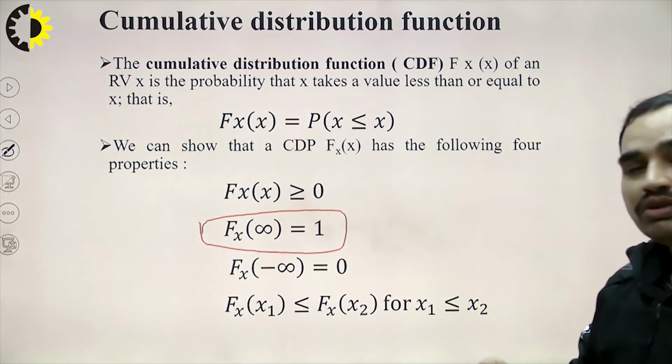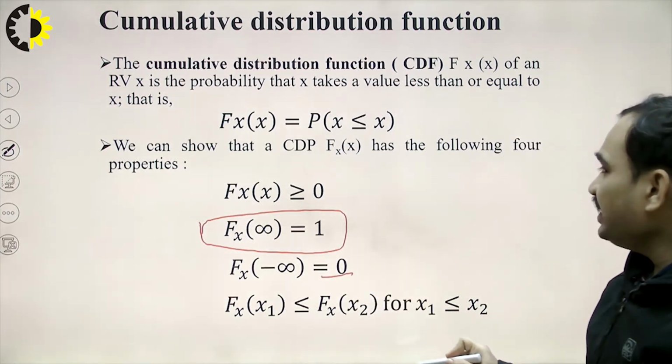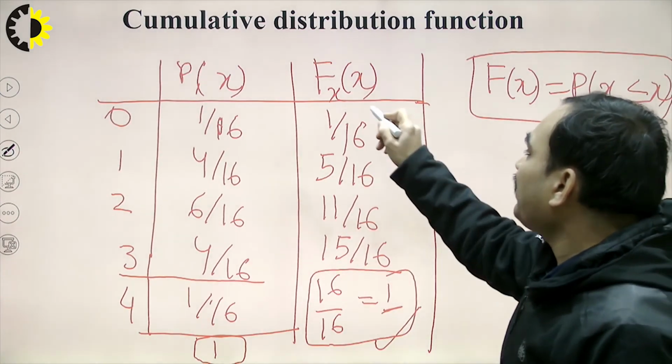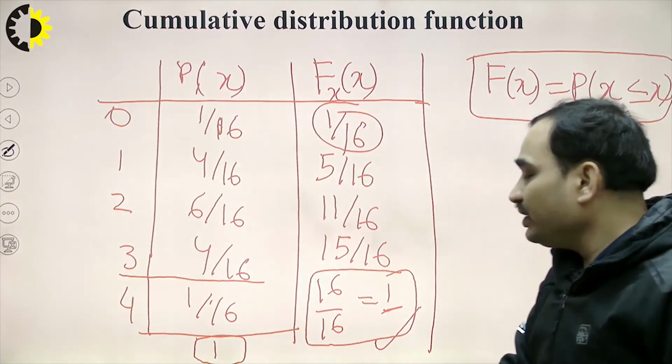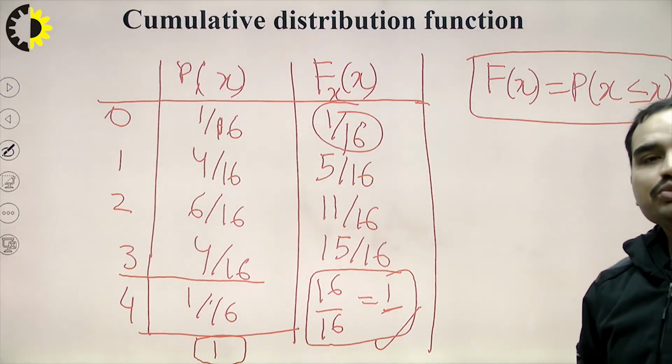For minus infinity, where we do not have any value, it is 0, and the least value in this example is 1 by 16. So, you can understand how we can calculate the cumulative distribution function.